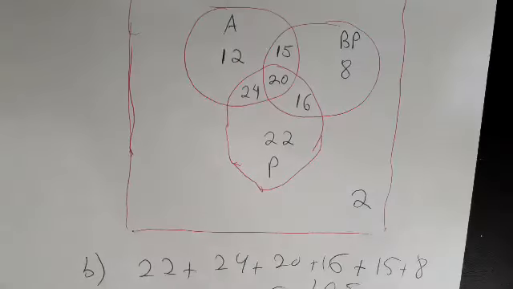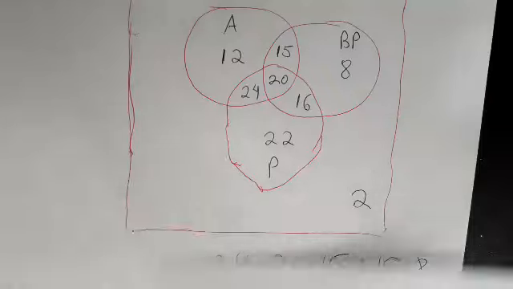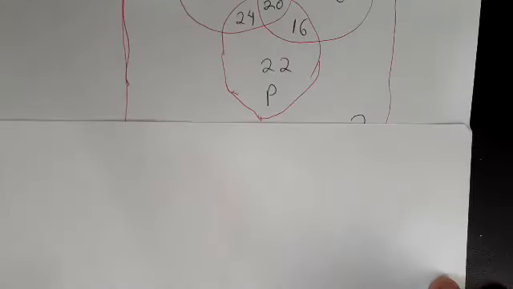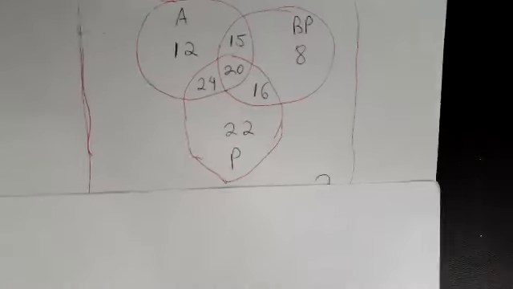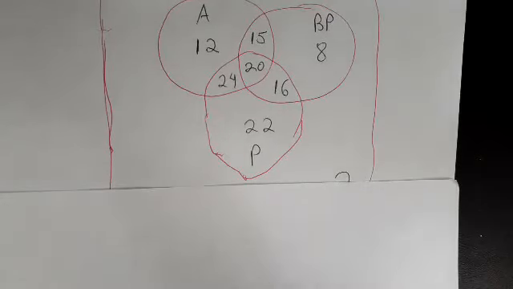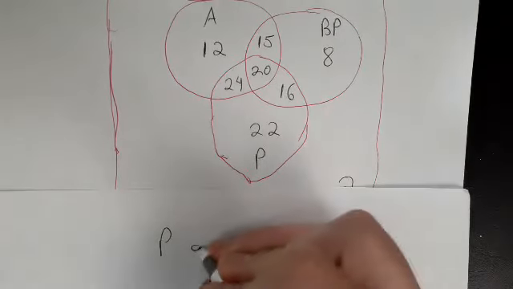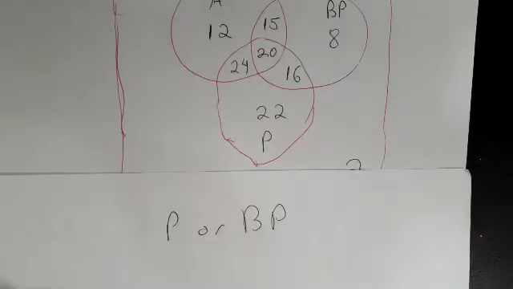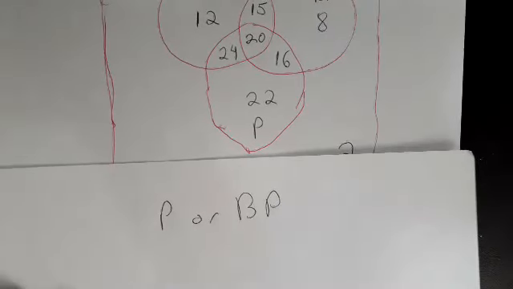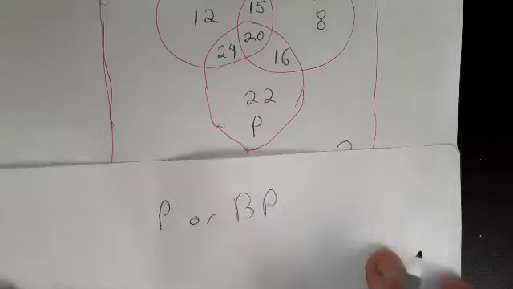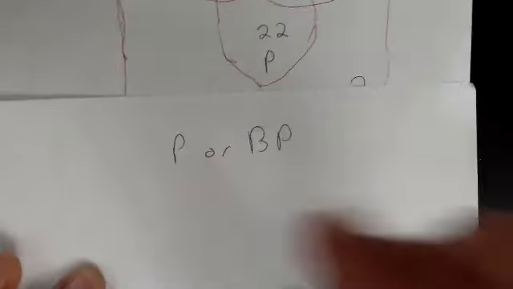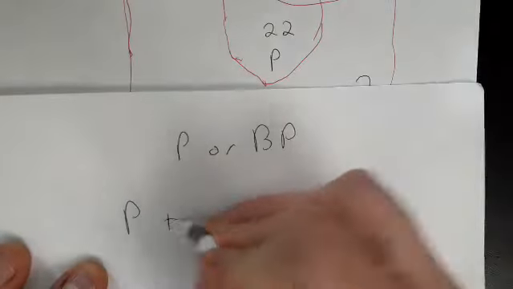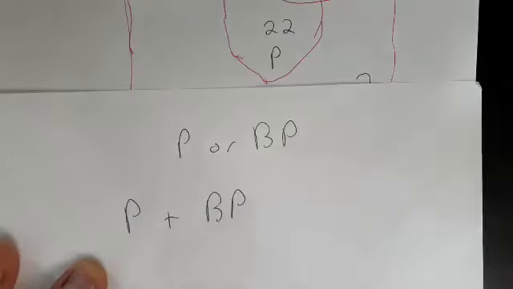Okay, so I know we did this and we kind of went over it, but if we went like P or BP, there's actually something we kind of skimmed over, and I will go over it. So everything that's in P, take everything that's in BP.